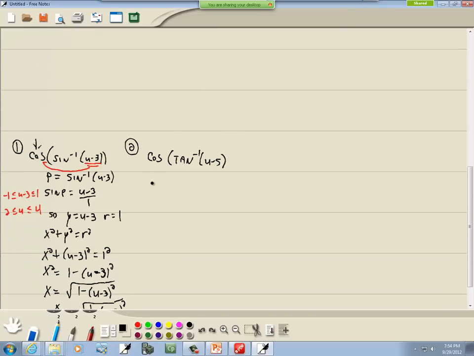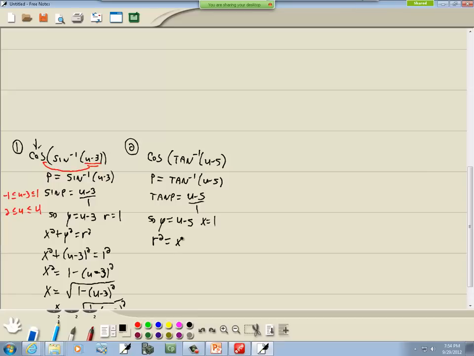Again, we set what's inside the parentheses equal to a variable like p, so p is equal to inverse tangent of u minus 5. Take tangent of both sides, so we get tangent p is equal to u minus 5 over 1. Tangent is y over x, so y is equal to u minus 5, and x is equal to 1.